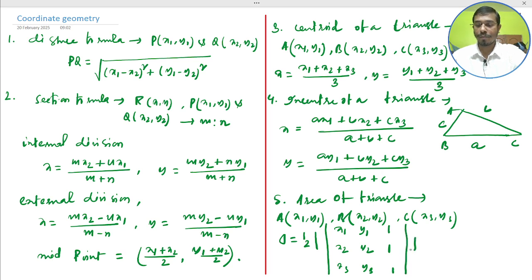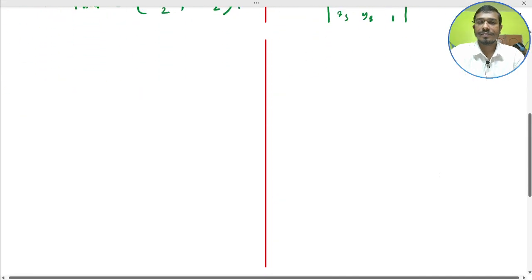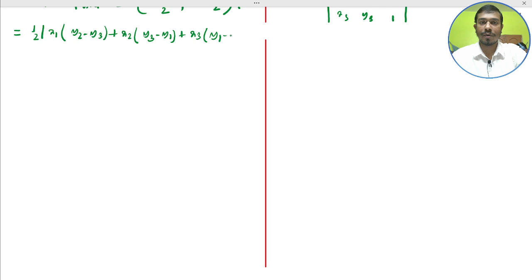Determinant complete, mod complete. Okay. So this is nothing but half of mod of x1 into (y2 minus y3) plus x2 into (y3 minus y1) plus x3 into (y1 minus y2), mod complete. Okay.